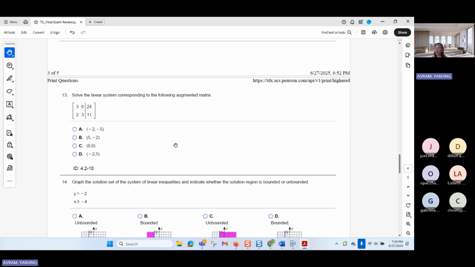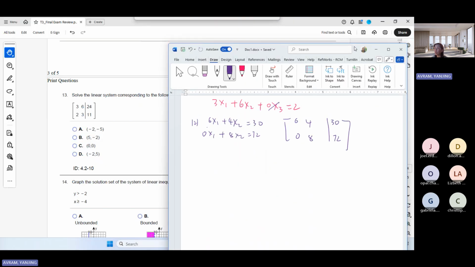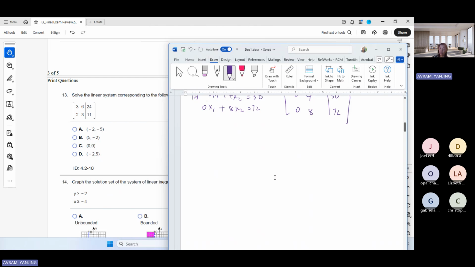All right, another 4.2 right here. Solve the linear system corresponding to the following augmented matrix. What does this mean in here? That means if you write down the equations, this will be 3x1 plus 6x2 equal to 24.